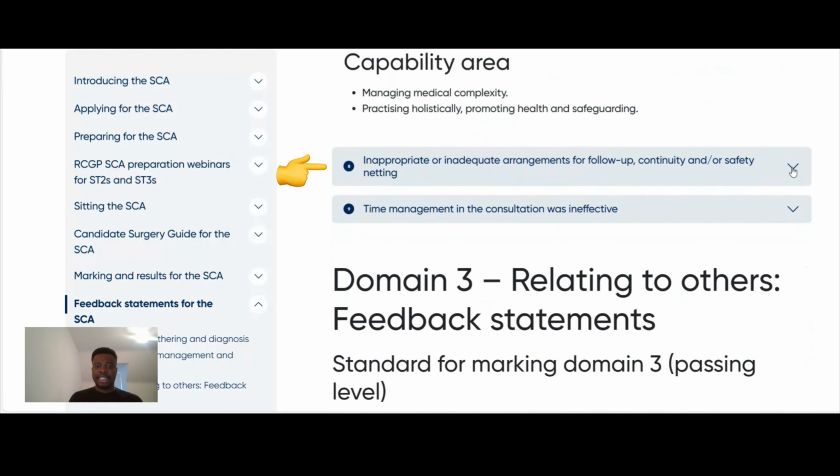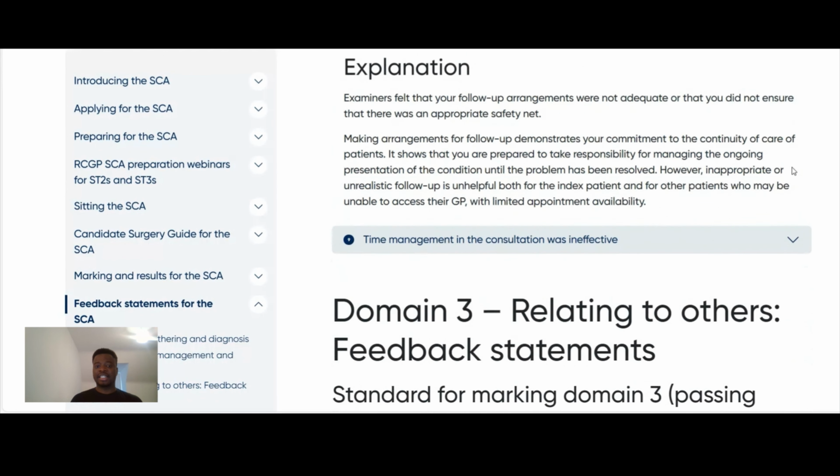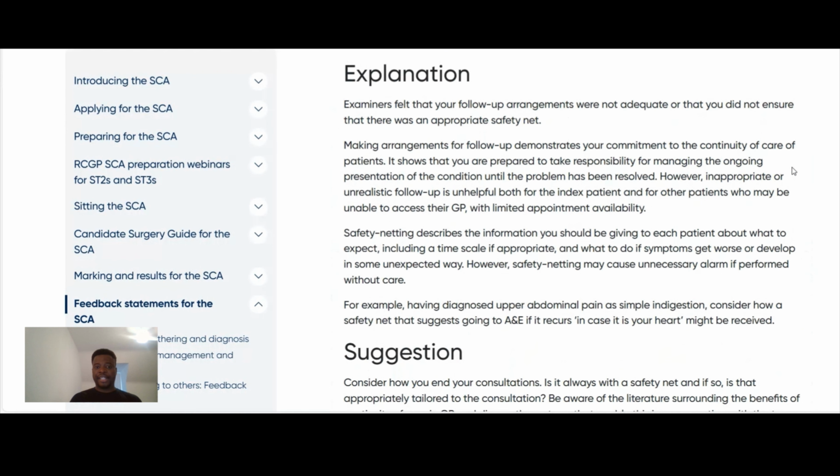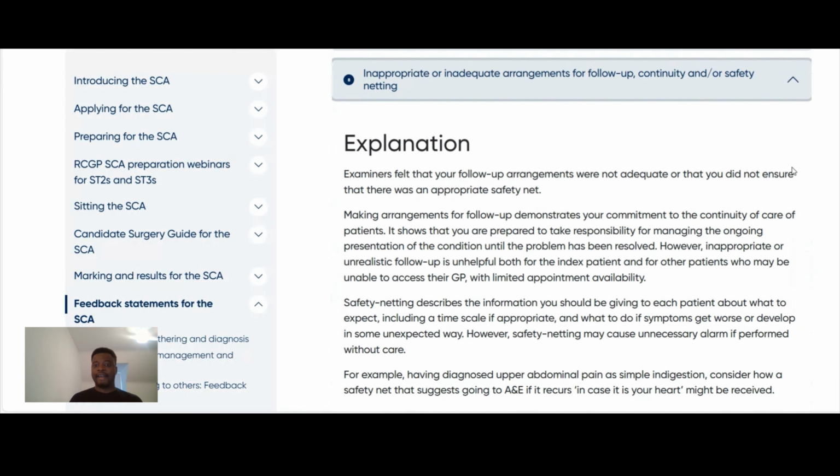The next one is that the inappropriate and inadequate arrangement for follow-up, continuity of care, and safety netting was done. Every patient needs a clear follow-up. Even the patient whom you're referring to the ANA still needs follow-up. The safety netting needs to be clearly said. If you have this, and this, come back to us.